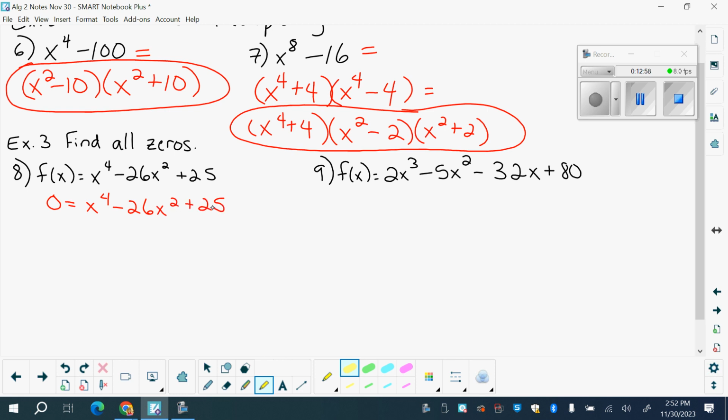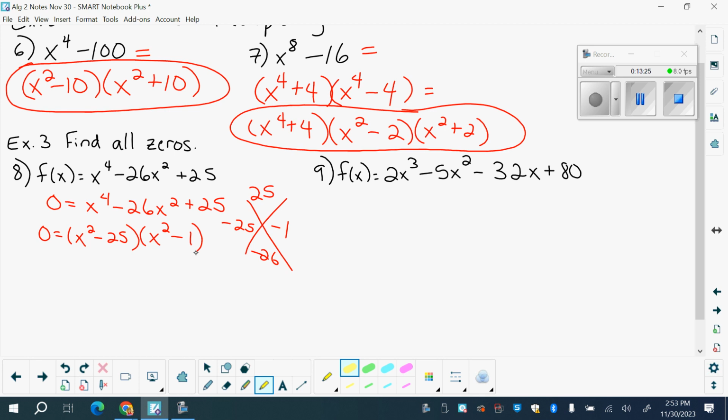How do we factor that? What multiplies to 25 that adds to negative 26? Yep. So we get x squared minus 25, x squared minus 1.